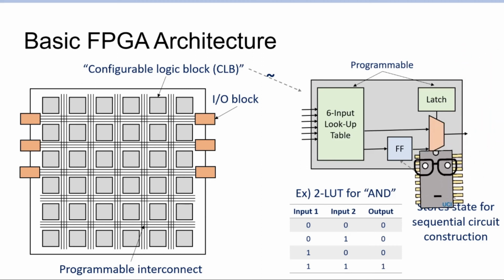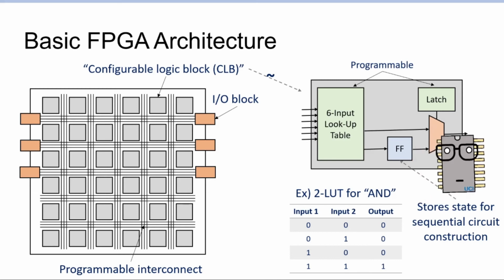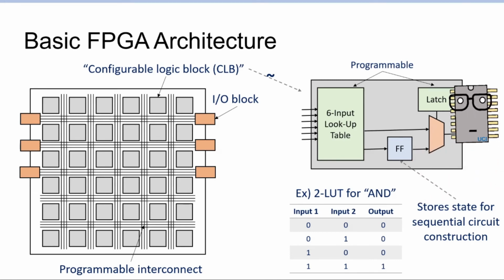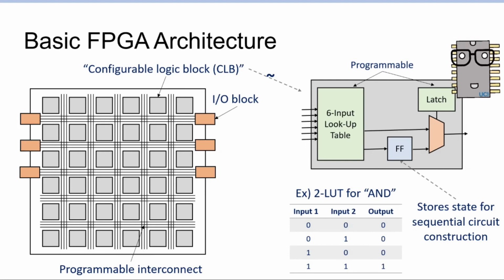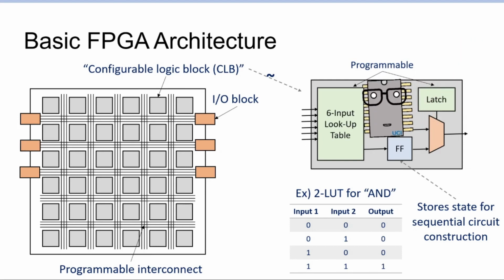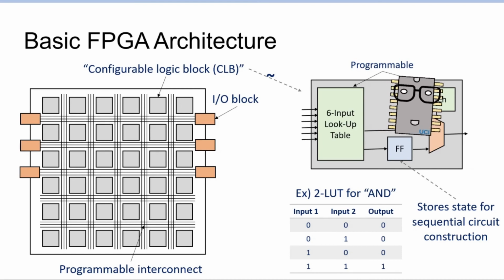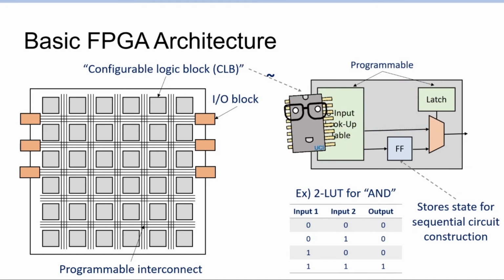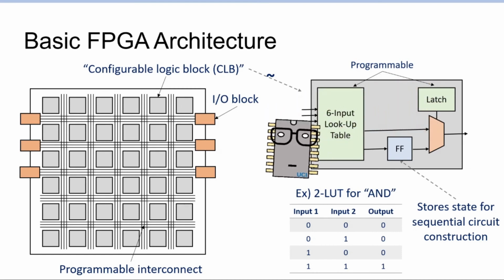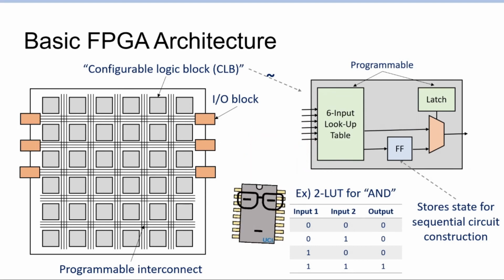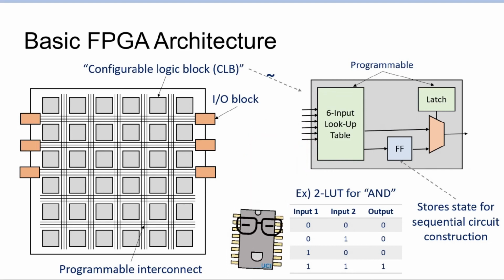You have a flip-flop, which can store a bit of data across clock cycles. You have a multiplexer. You have a latch, and all these green blocks are part of the programmable logic. The key part is the lookup table, which can be programmed to act like pretty much any logic gate.